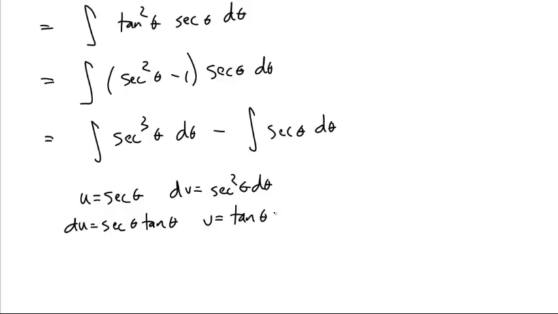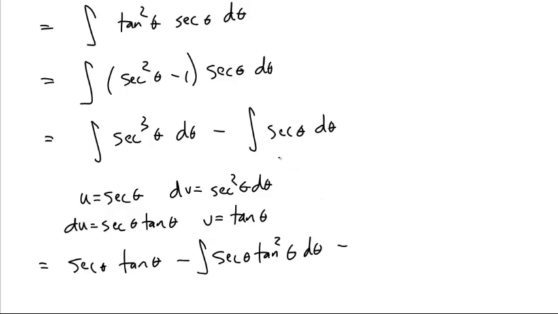So that first integral becomes secant theta tangent theta, minus the integral of secant of theta, tangent squared of theta d theta, and minus the integral of secant, which of course we know now is the natural log of the absolute value of secant of theta plus tangent of theta plus c. We don't necessarily need the plus c, but we've got it.